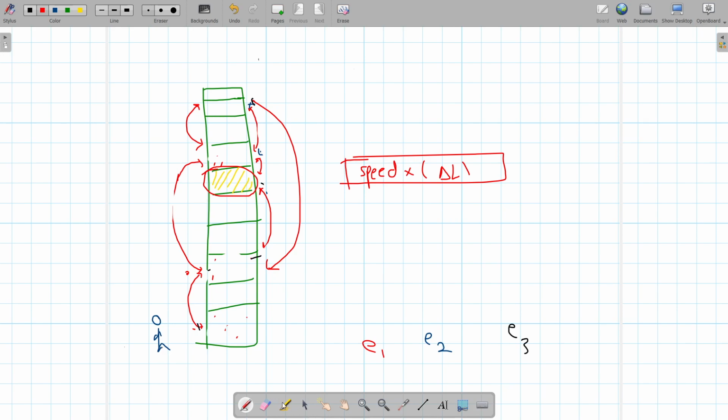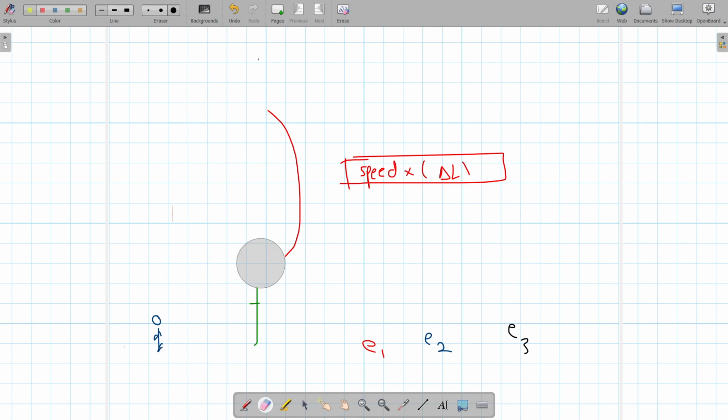So the question is transformed to just the fact that we have a bunch of nodes and some bidirectional edges. Like all these edges are bidirectional.